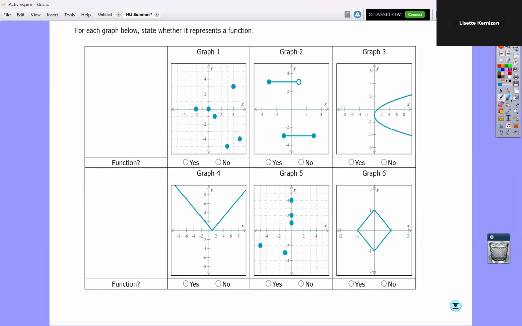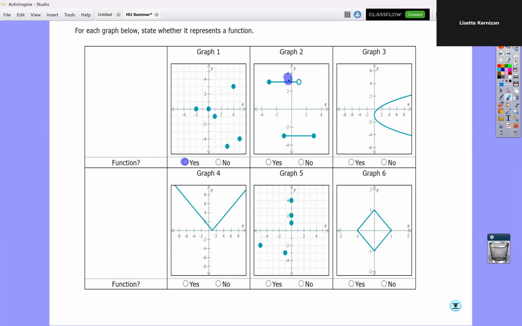This next one is asking us if the following represent a function. Remember, it has to pass a vertical line test. If it doesn't, then it is not a function. So if I'm looking here, none of the x values repeat, so I'm going to say yes here.